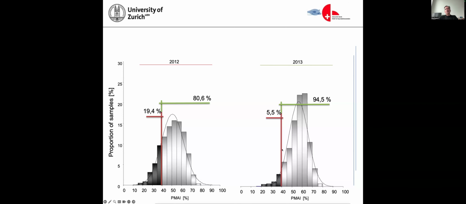So we have to throw away at this time only 5.5% of the samples compared to 19.4%, meaning about 15% less. And if you think, for example, what are the costs for the production of one semen sample, it's, let's say, about €1.